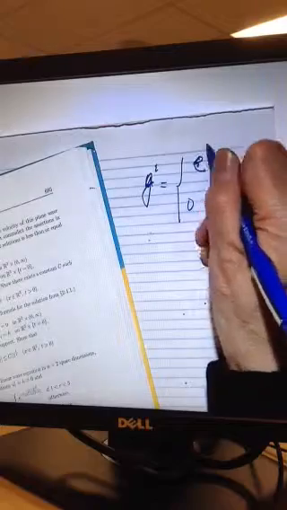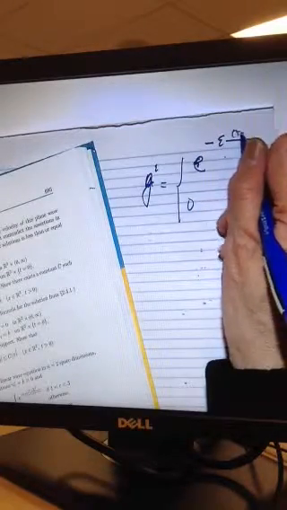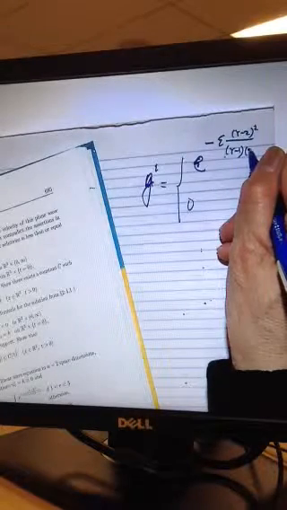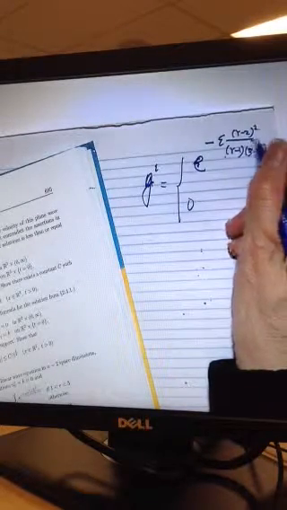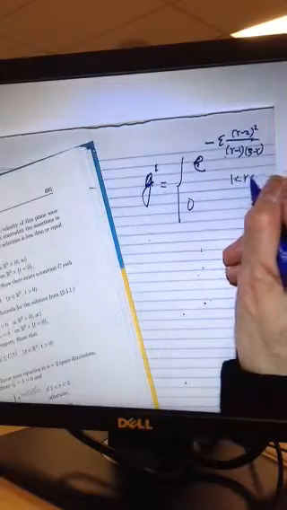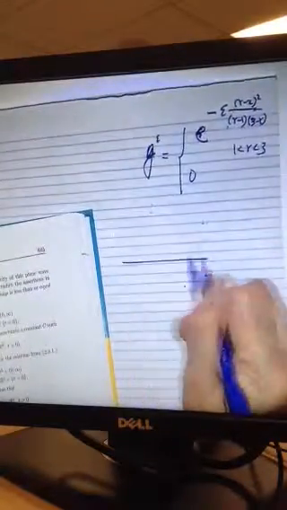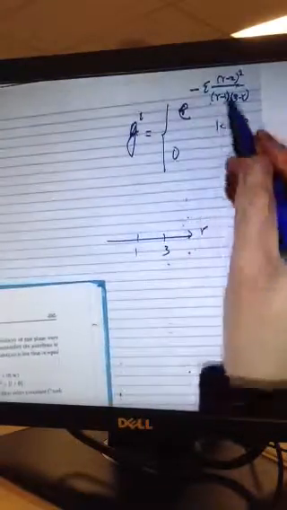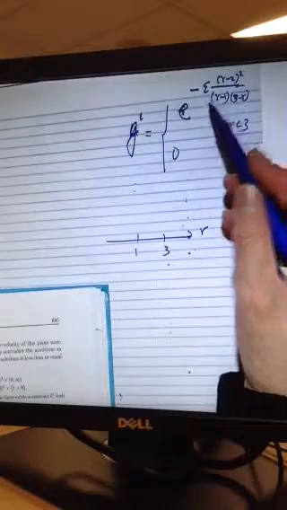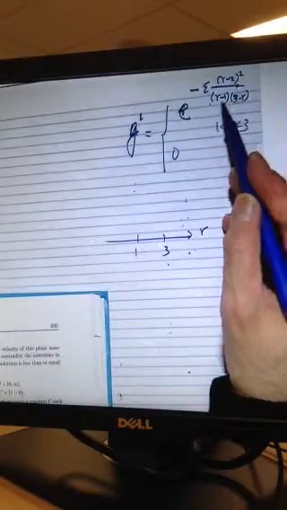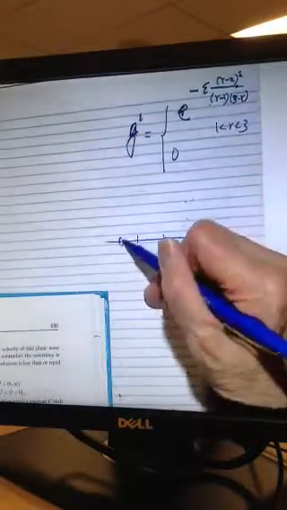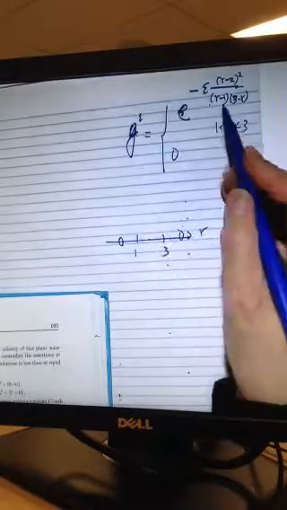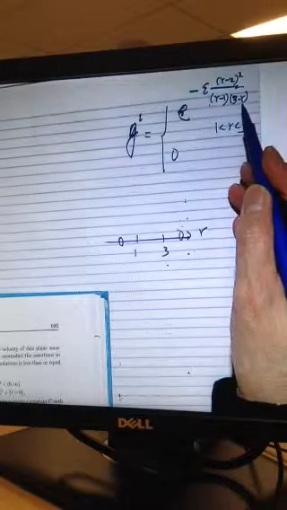e to the minus epsilon over (r minus 2) squared, for r between 1 and 3, minus r, and 1 less than r less than 3. So this is really like this, r from 1 to 3. If you look at how they define it, when r approaches 1 from the right-hand side, this is positive, but this is negative.